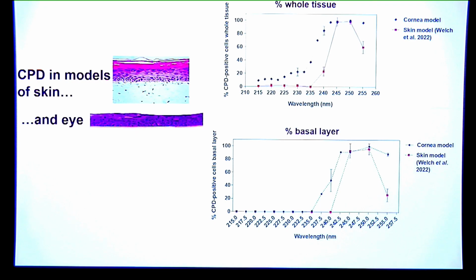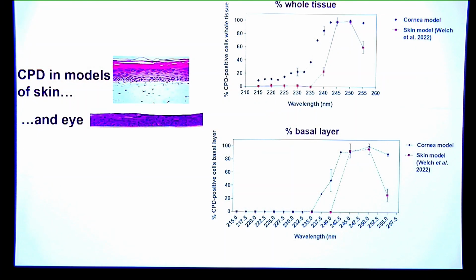With the caveat that the skin tissue has a nice layer of stratum corneum. The eye model doesn't, and this is actually what happens in real life. So with these data, just keep in mind that the structure is different.